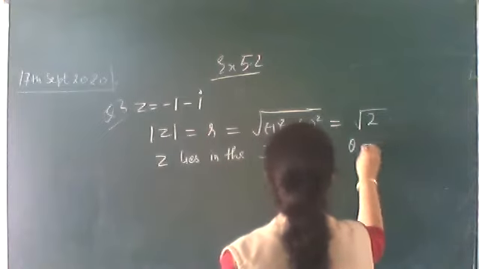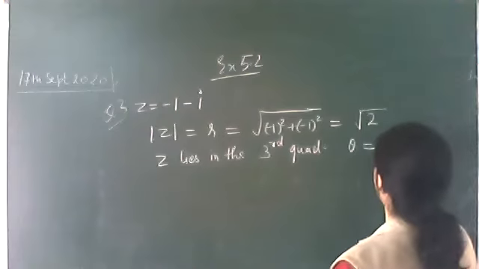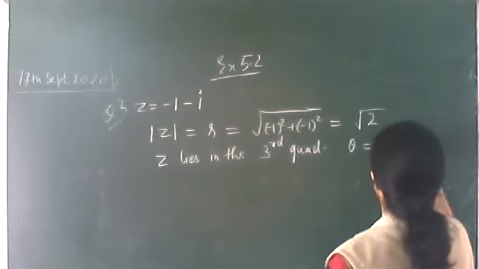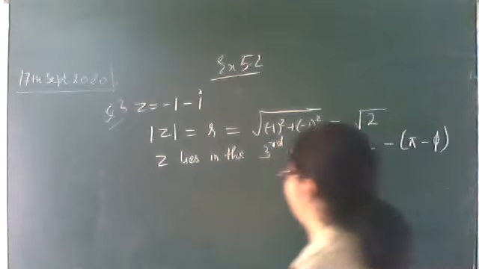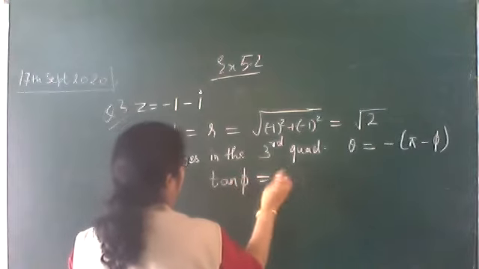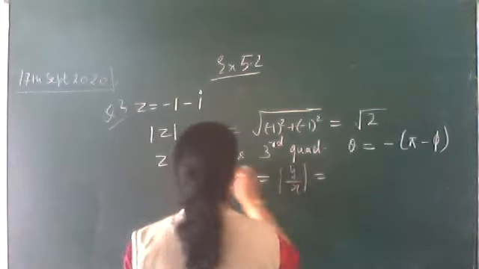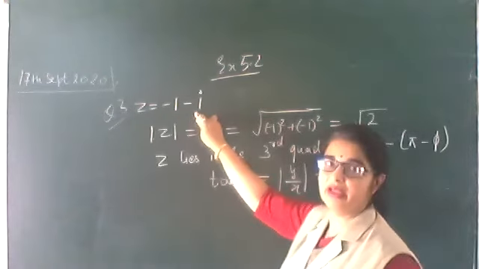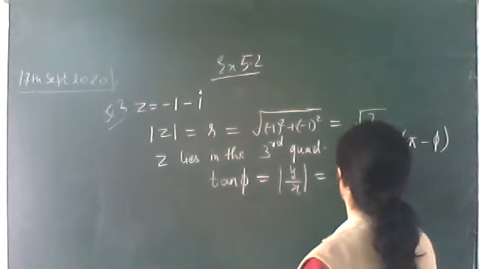So theta will be equal to what? What will be the value of theta in the third quadrant? Minus of pi minus phi, where phi is what? Tan phi is equal to mod of y by x. Now the value of y is minus 1, x is minus 1. So you put the value minus 1 upon minus 1.